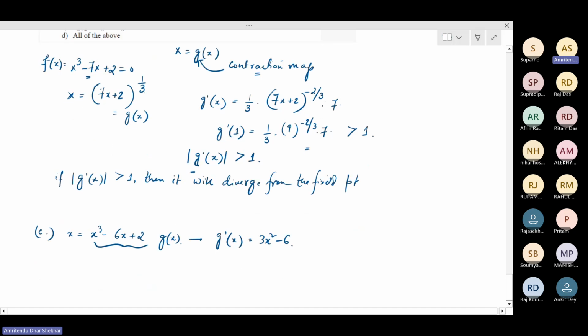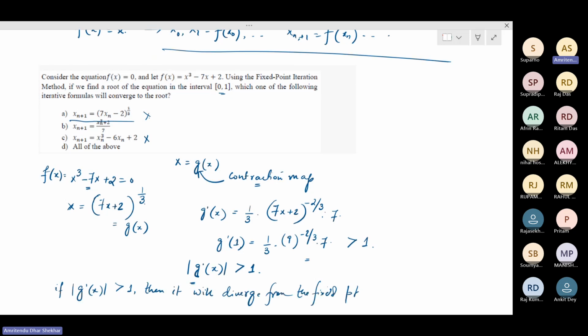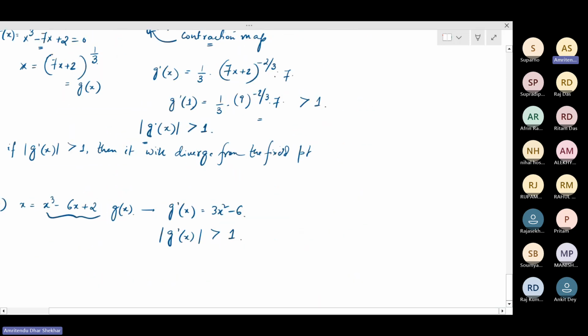You will notice that this g dash x is also greater than 1. So this iteration scheme will also fail because these are not contraction mappings.